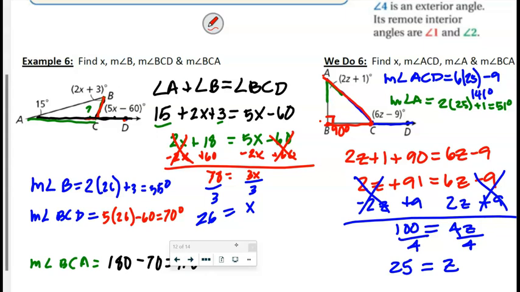BCA is that angle right there, okay? So the measure of angle BCA, can't we just subtract that exterior angle, which was 141, from 180? So we're going to do 180 minus 141. And when I did that, I got 39 degrees.